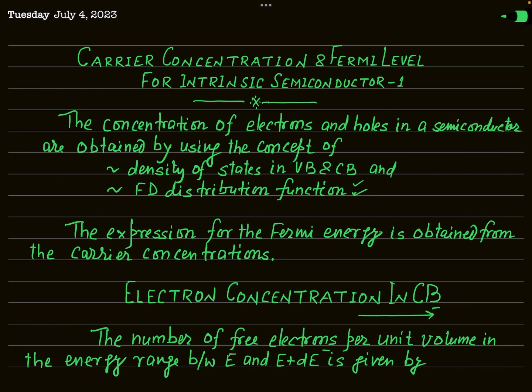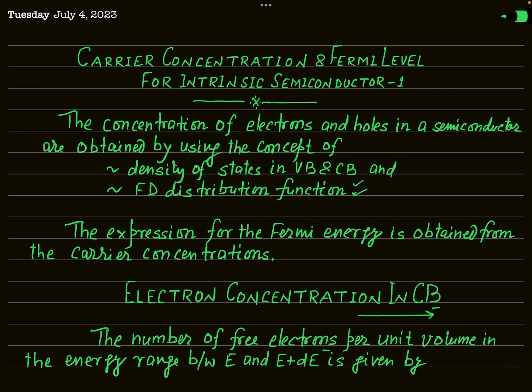First of all, I am not talking about the electron in the conduction band, but we are talking about the free electron. Just like electrons in a metal, in accordance with the free electron theory of metals, you know that the valence electron in a metal behaves like a free electron.